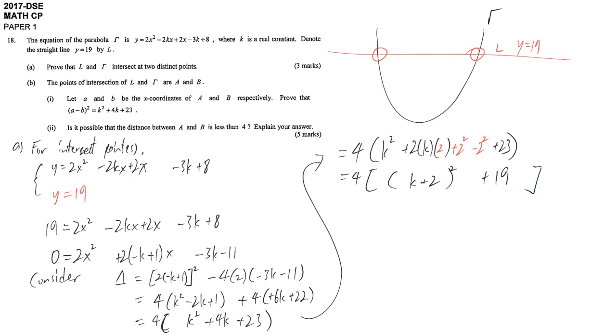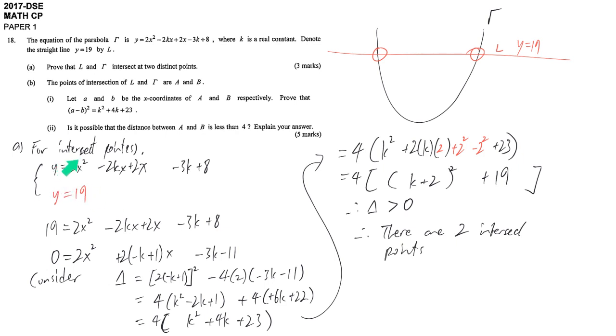So we have enough evidence to say that delta is larger than 0, no matter what the value of k is. Therefore, we prove there are two solutions, that means two intercept points. That's how you prove part A.